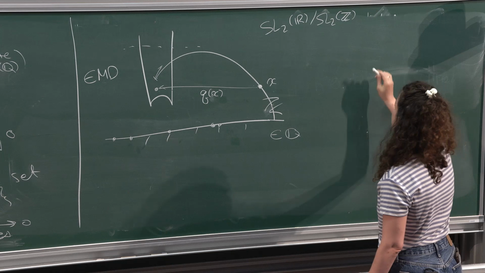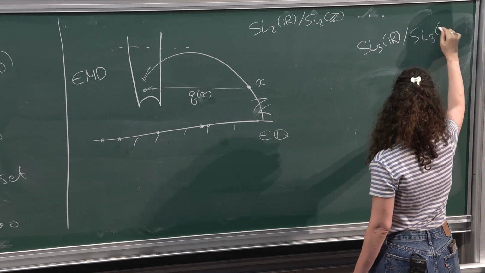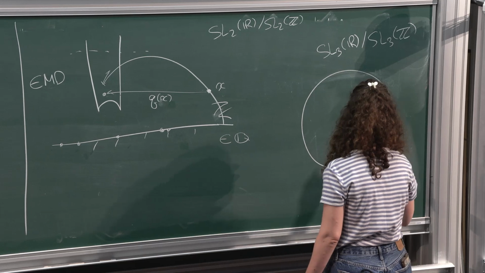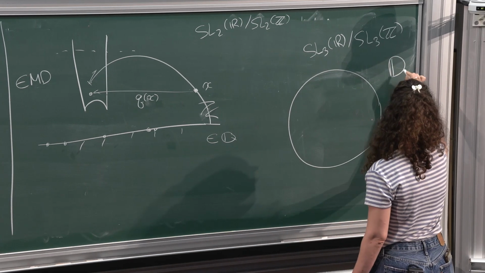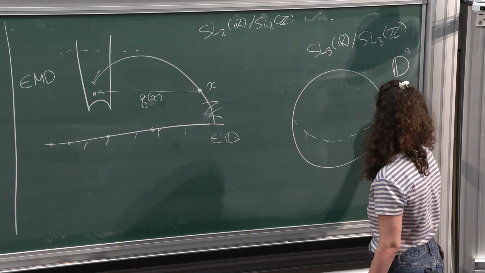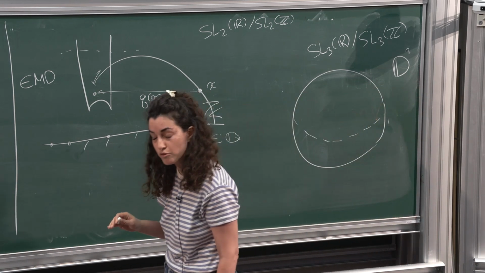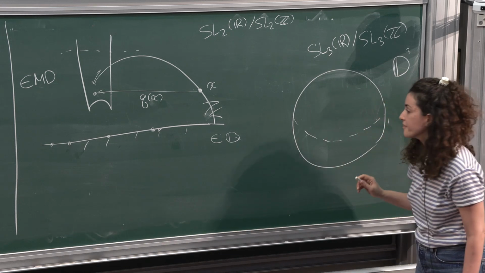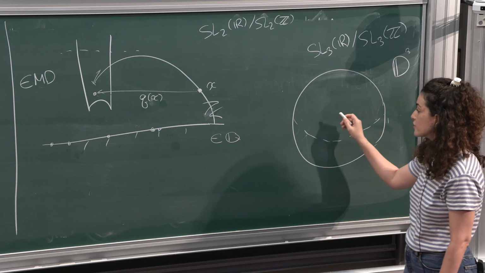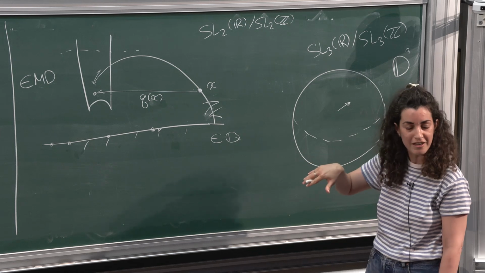What's going to happen, say, for SL3? So for SL3, if I look at this action on the disk, here I will have a two-dimensional diagonal maximal Q-split torus, diagonal subgroup, and there, in order to find these cusp points, I can choose a rational direction, and the rational direction is a two-dimensional rational direction.